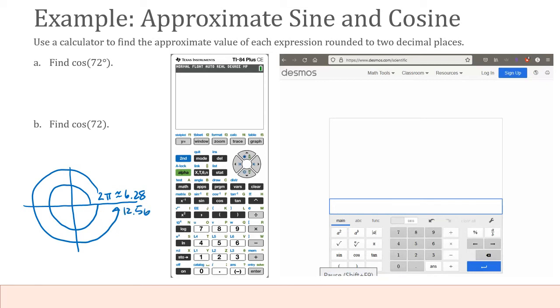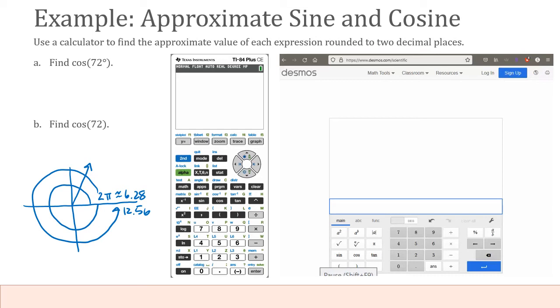What 72 represents is going around and around and around until you finally get to around 72. Okay, so that's just a little bit of a visual. And 72 degrees, of course, is not even a whole revolution, right? That's just going to be somewhere up in this first quadrant. So they are definitely not the same.